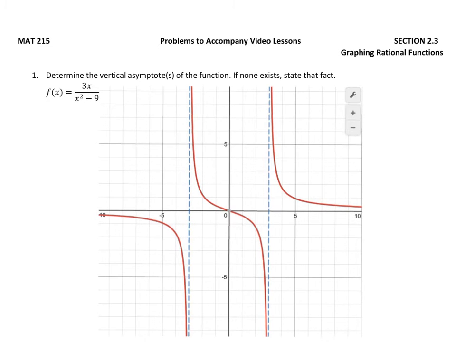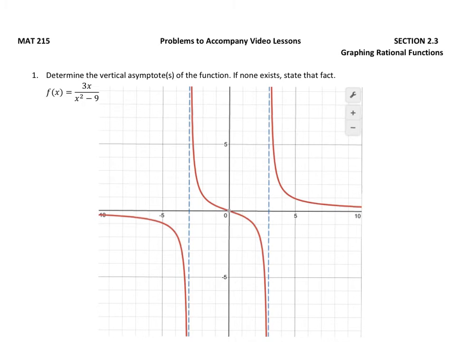Oftentimes we will include the vertical asymptotes as dotted lines on a graph so that we can see them better. So here I've included the lines x equal to 3 and x equal to negative 3 as dashed lines in our graph. It's important to realize that these dotted lines are not actually part of the graph of the function.